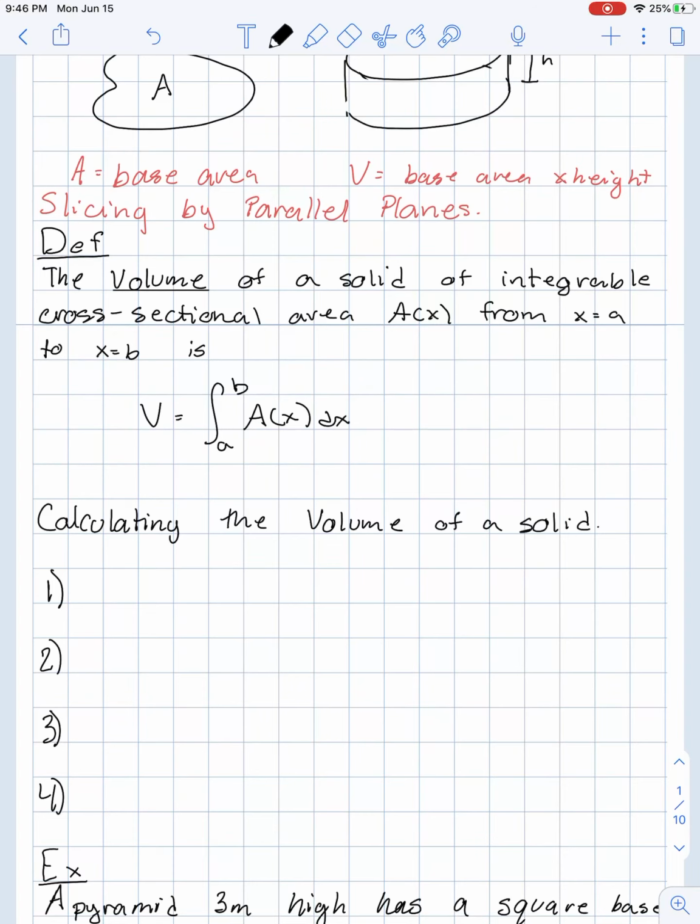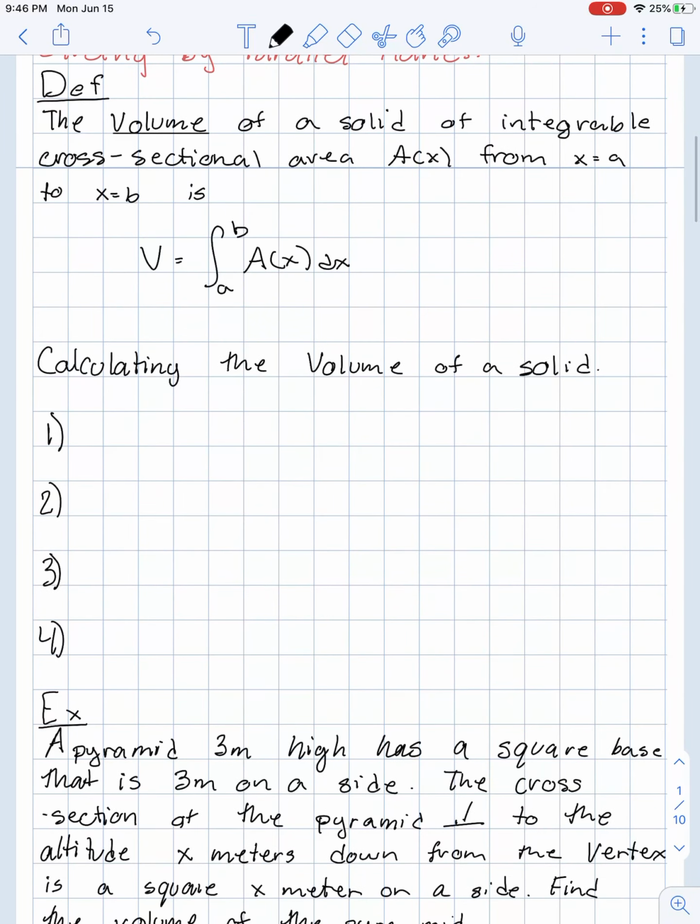So how do we calculate the volume of a solid? First, a really good thing to do is to sketch the solid. I usually like to do two pictures, a cross section and a solid. So we're going to sketch the solid and a typical cross section. Is it a square?